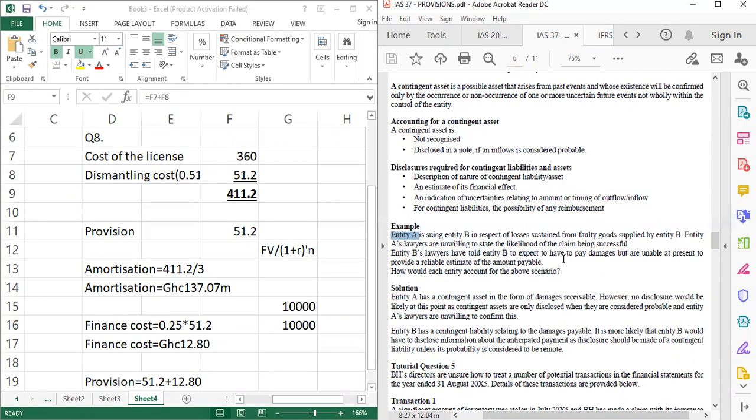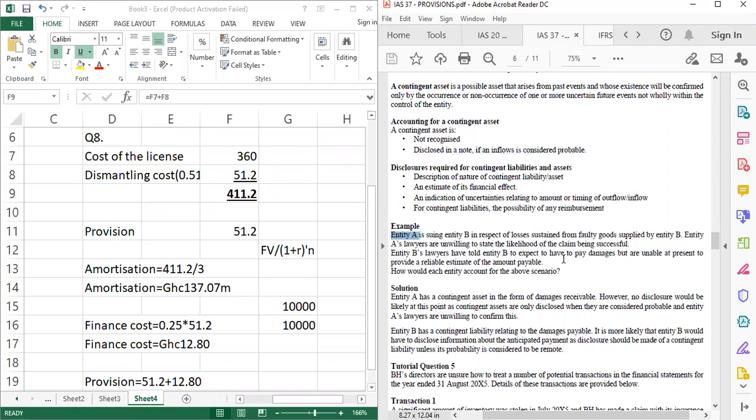But if you come to entity B's, they are telling entity B that they should expect to pay damages, but are unable at present to provide a reliable estimate of the amount payable. So we should be prepared for anything, but how much should we prepare for? We don't know the amount that we are going to prepare for.